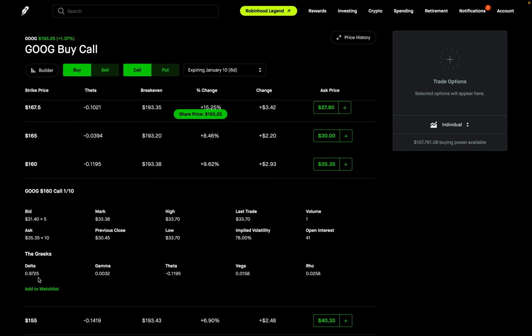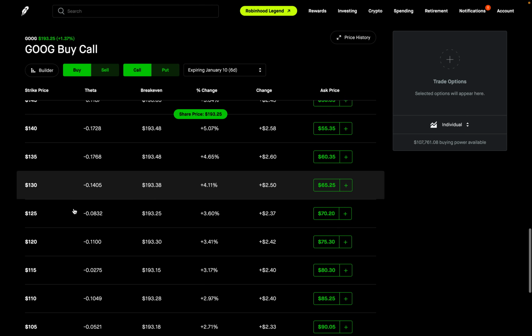So remember, what that tells us is that if I buy this call option and Google goes up $1, the value of this option will go up by $97.25. If I buy 100 shares of the stock and Google goes up $1, then I would be up $100. So it's almost the same.